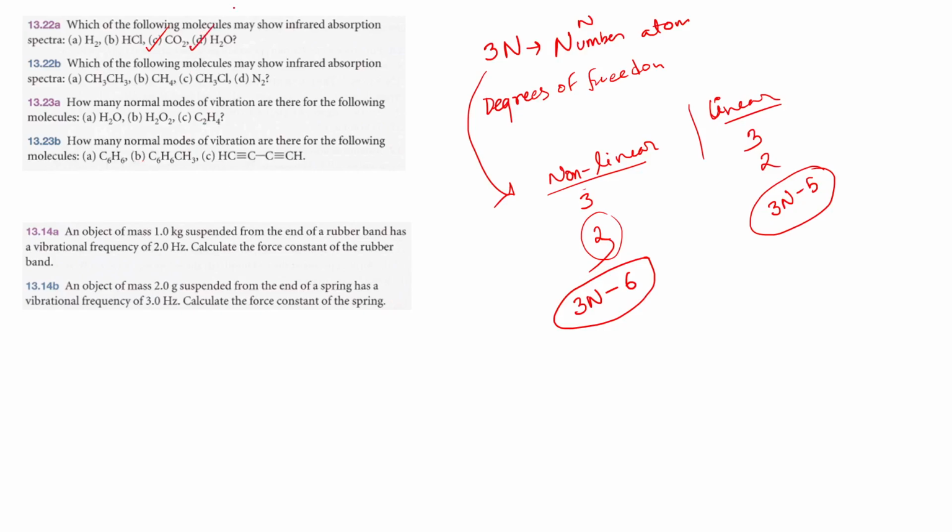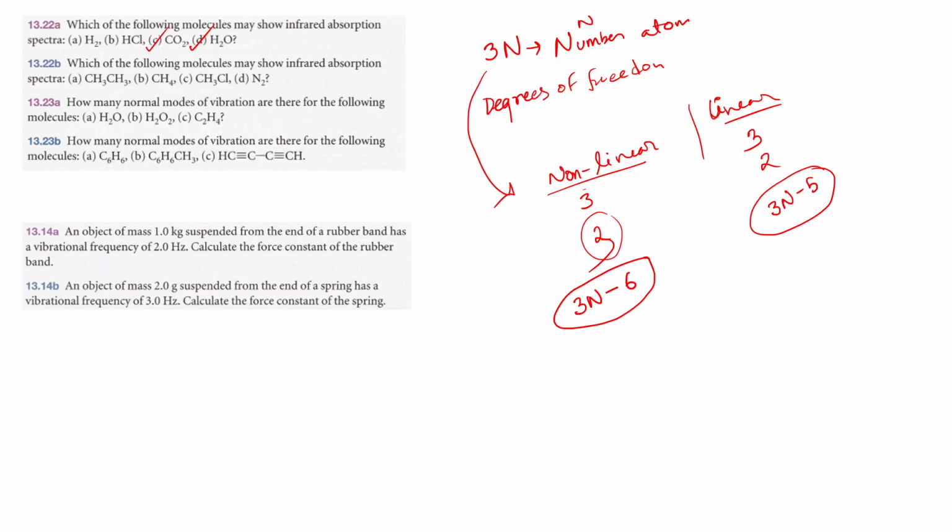First of all, it is not a linear molecule, and then you have to see how many modes. I'm saying something wrong. Anyway, let us not go into that. Maybe we can check it later.